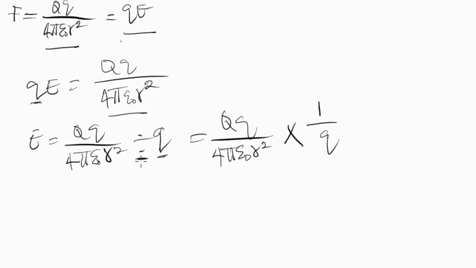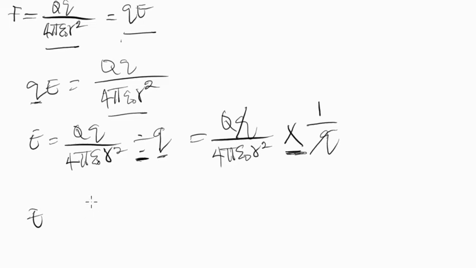Now notice that I changed my division sign to a multiplication sign here. So I'll have to use the reciprocal of this. So now at this point, I can simply go ahead and cancel off Q and Q.